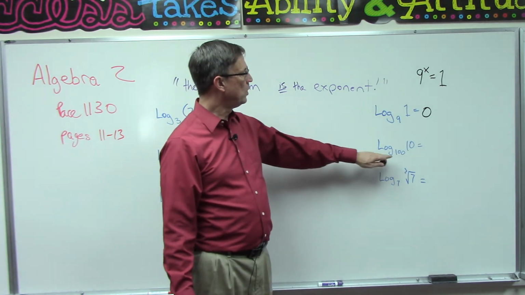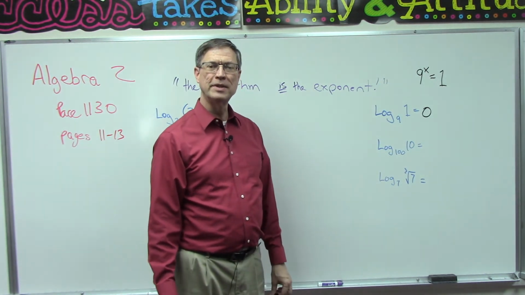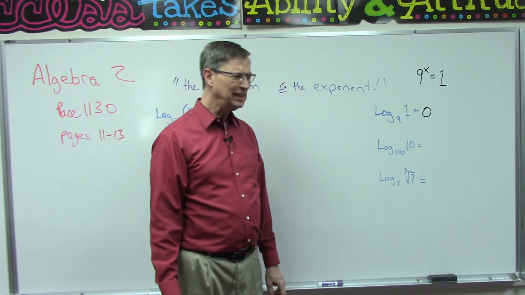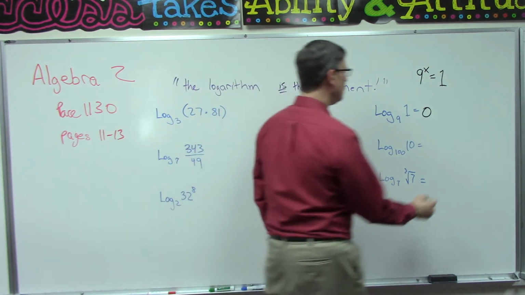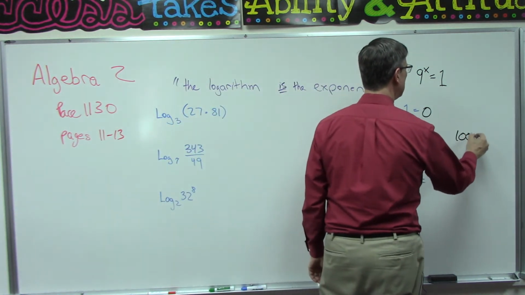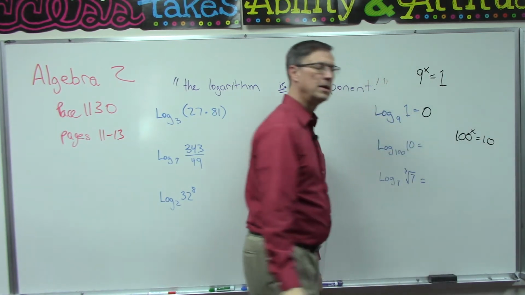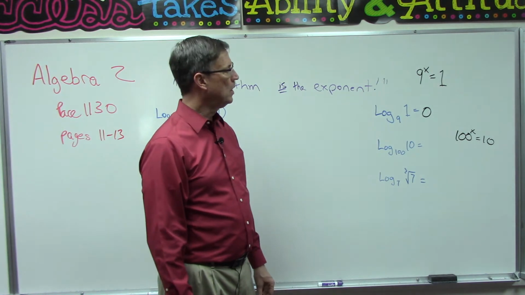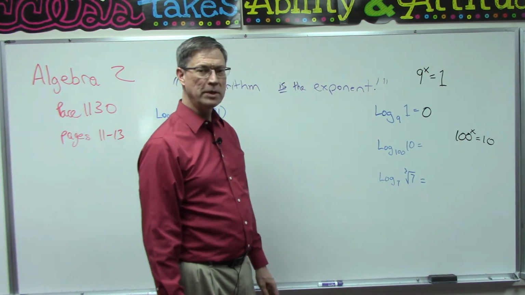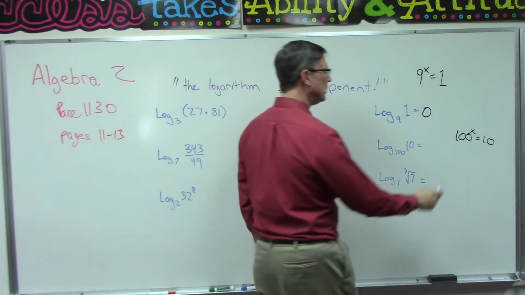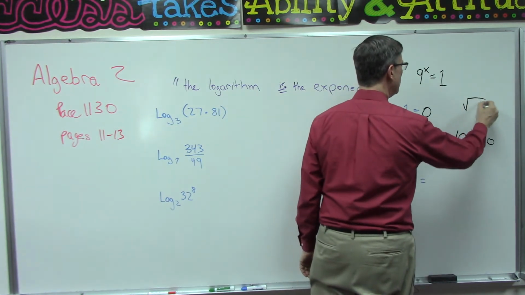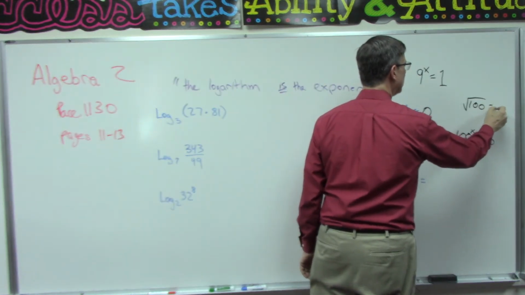Log to the base 100, we want it to equal 10. We're saying 100 raised to some exponent is going to equal the number 10? Well, we have to play a little mental gymnastics here. Think about the square root of 100. Would that equal 10?